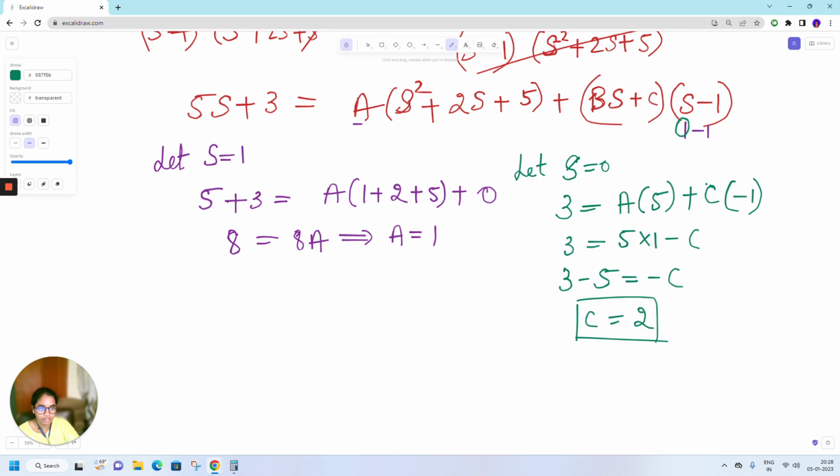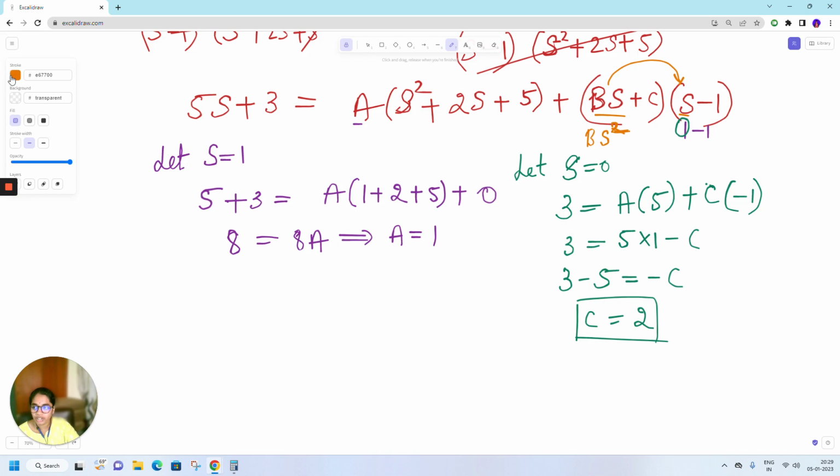We now know the A value and the C value. What should we find? We should find the B value. For that, I'll equate the coefficients. Here, what is Bs into s square? Bs into s would be Bs square.